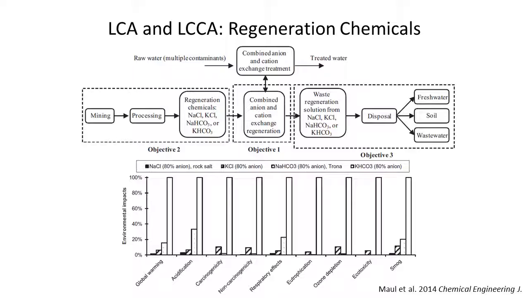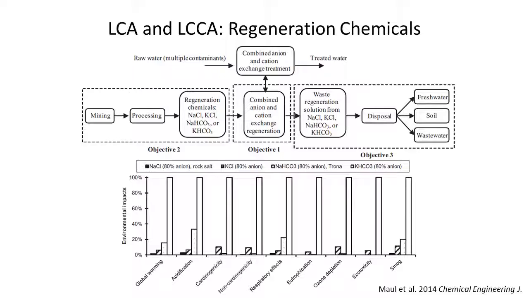And I can talk about this more, and Jane is an expert in this, and she can talk about this even better than I can. But this is a way that you take a product or a process, look at it over its full life cycle, so that instead of just focusing narrowly on how well does it work as a regeneration chemical, what does it mean to mine sodium chloride, sodium bicarbonate, potassium chloride, etc. And so that's what these results are for.